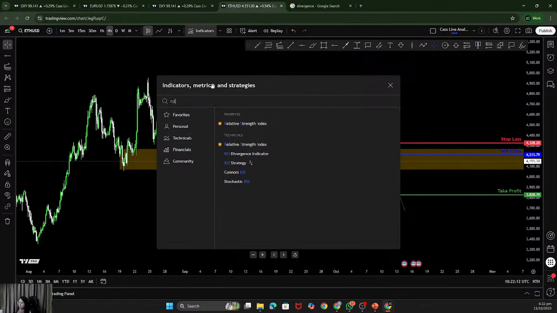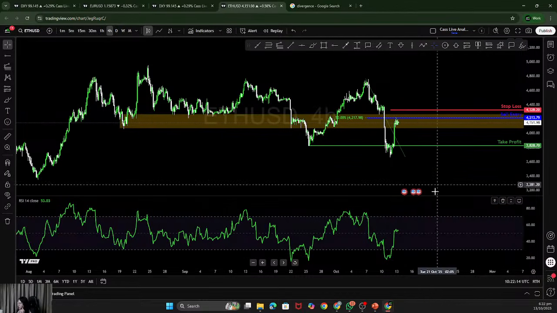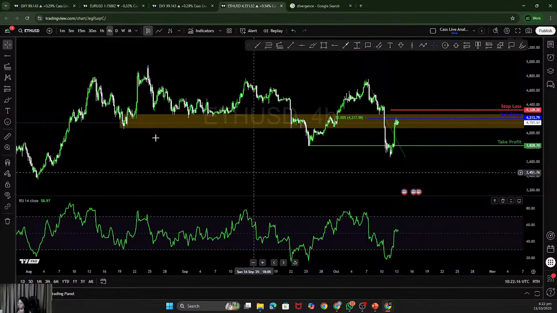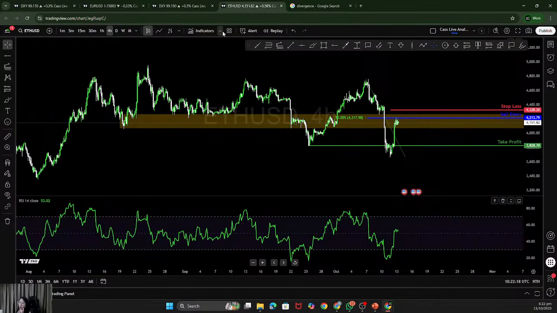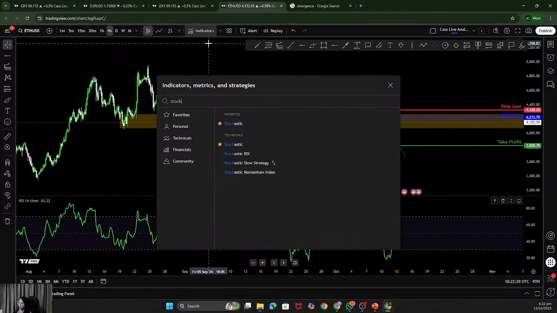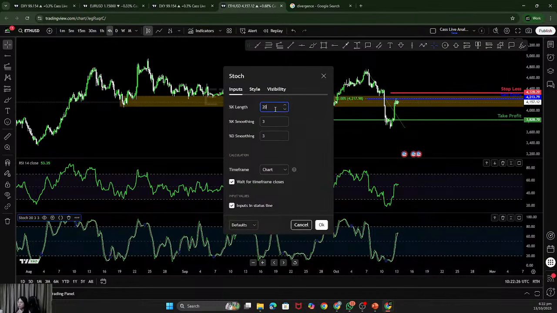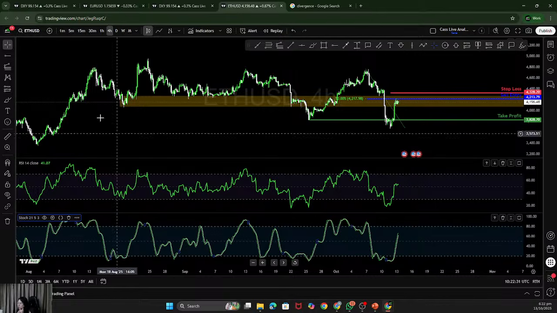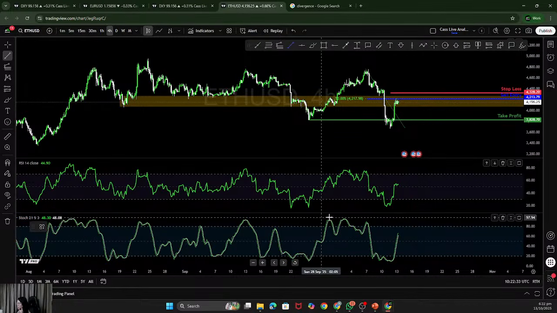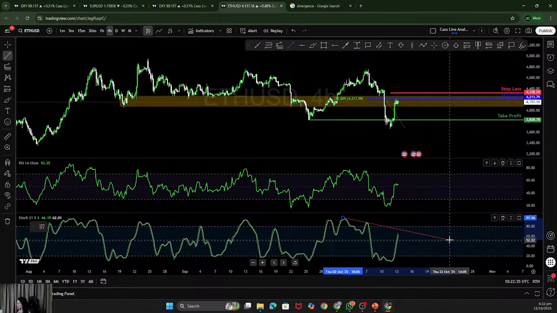I'm going to see what RSI and stochastics are saying. Stochastics is saying no, that's not the entry. RSI, are you telling me that this is the entry? Okay, so what I want to see is price reaching some kind of resistance.